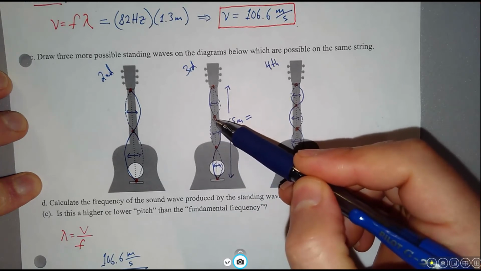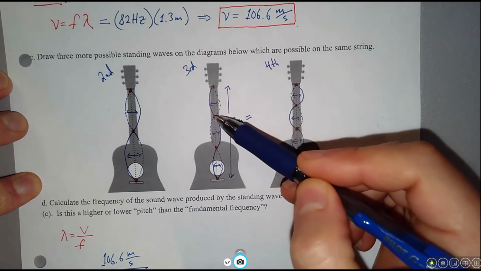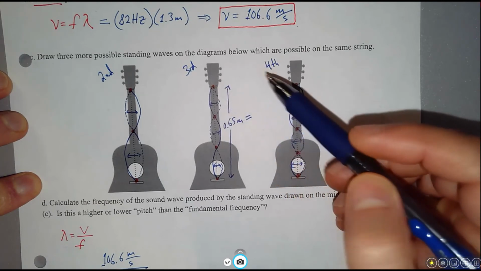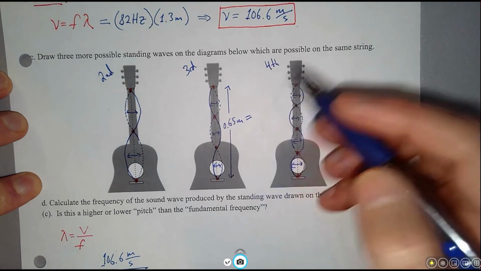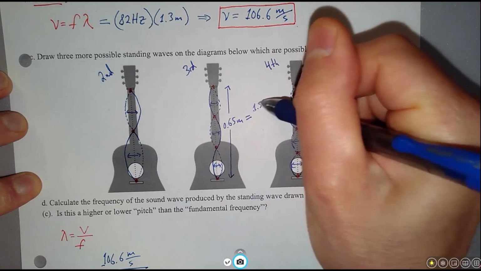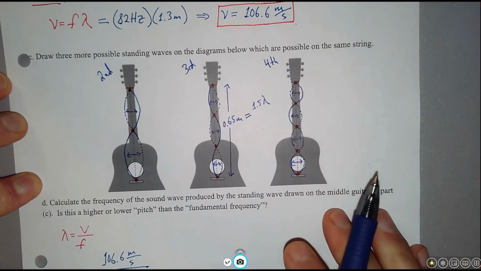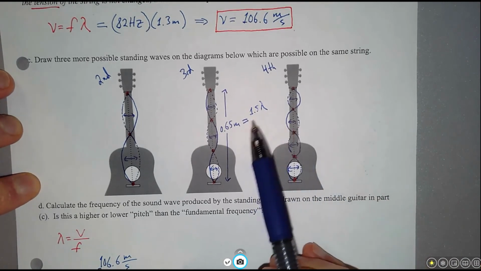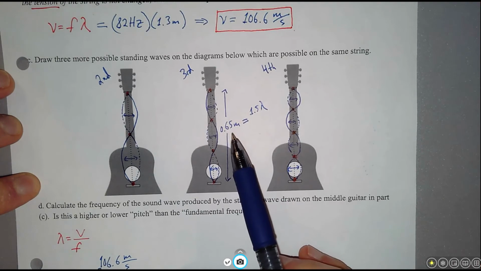That's one wavelength. And from that node to that node is just half of a wavelength. So in this string, there are 1.5 wavelengths that fit in that length, which creates that particular standing wave. So if we know 1.5 wavelengths is 0.65 meters, we can figure out how large one wavelength is.